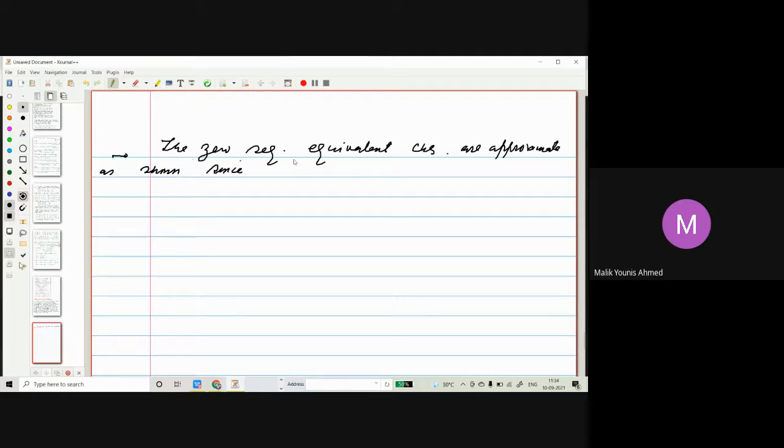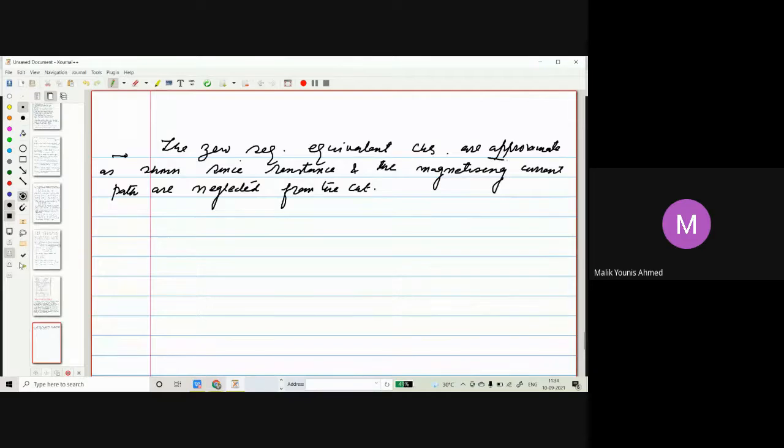Because the resistance and the magnetizing current path that we have talked about already are neglected from the circuit. Because these two are not included, it will not be 100% appropriate or precise.